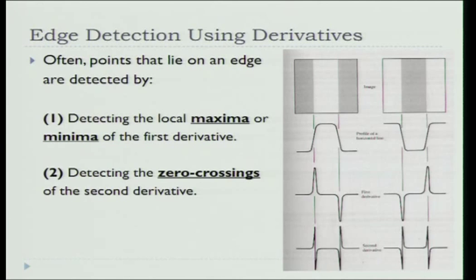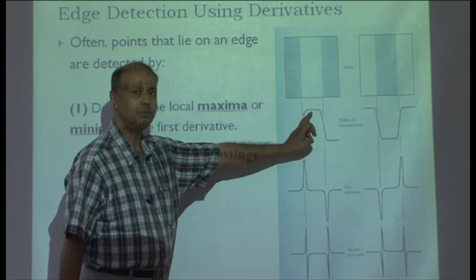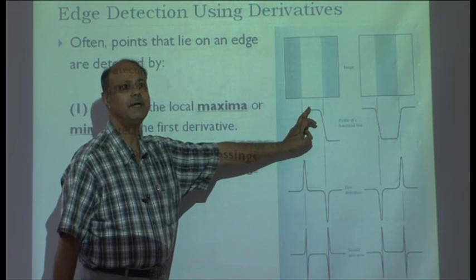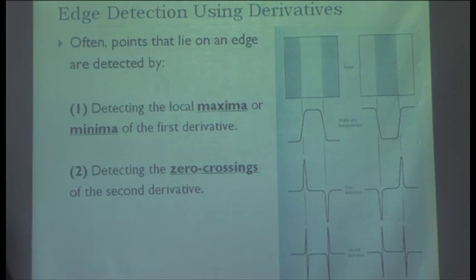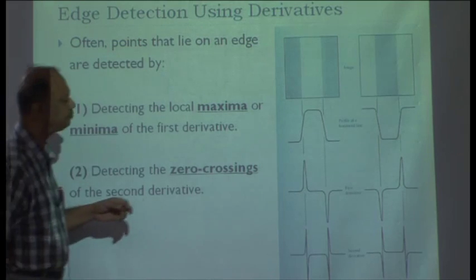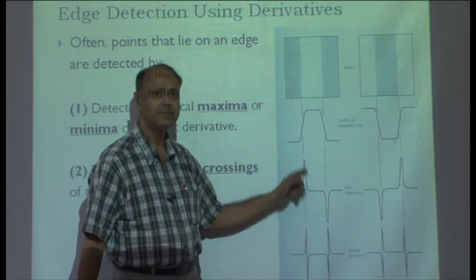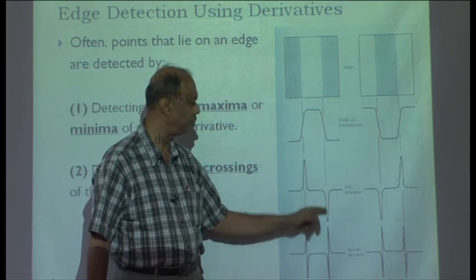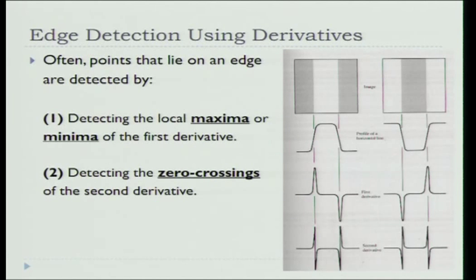As you know, this is the first derivative effect. So, this local maxima and minima will tell you whether it is an edge point or not. Similarly, if I have the second derivative, then if you draw an artificial line between these two, you will get a zero crossing point, that will become your edge point.